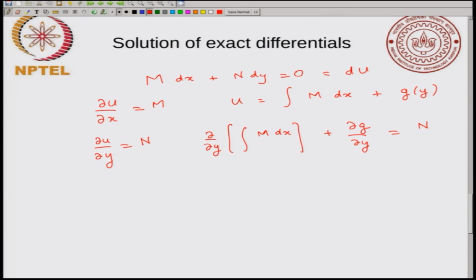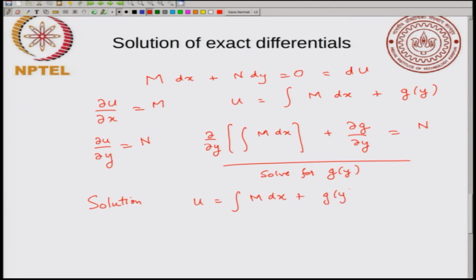So, you can solve for g of y, and once you have solved for g of y, then you have your solution of the form u equal to integral M dx plus g of y equal to constant. So, this is my solution of this differential equation.